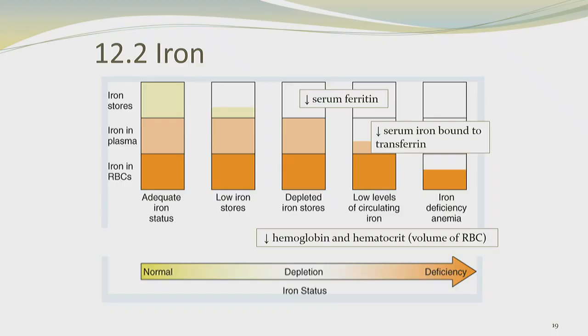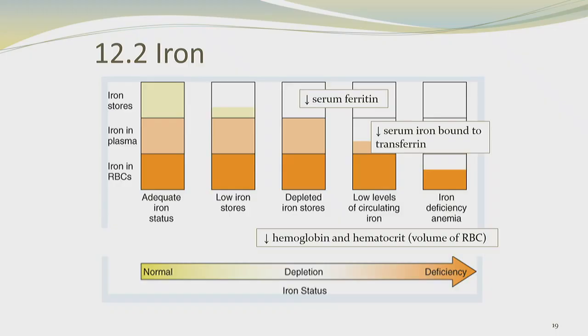So in this slide, we see the progression from normal iron status to deficiency. Okay. So here we're starting from normal, adequate iron status, where your storage is fine, the transferrin levels are fine, and then iron in RBCs is also fine.